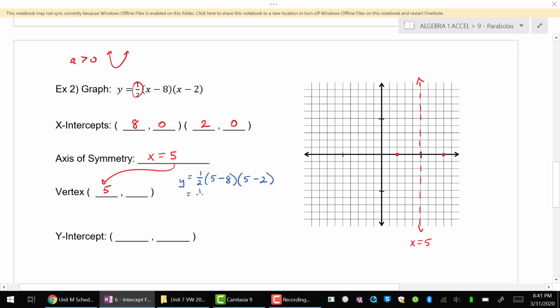So we have 1/2 of -3 times positive 3. That'll be 1/2 of -9, or -4.5. So there's our vertex. 5, comma, negative 4.5.